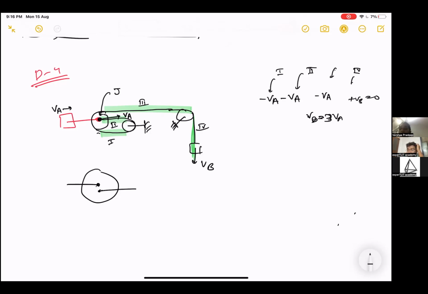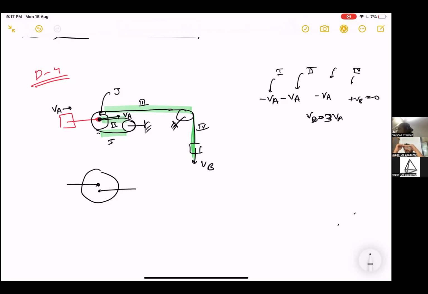This is acceleration of A. This block A has acceleration of A, so the pulley P1 also has acceleration of A. And the pulley block B has acceleration of AB, so the pulley P2 is also going left with the acceleration of B. Yes, that's correct.